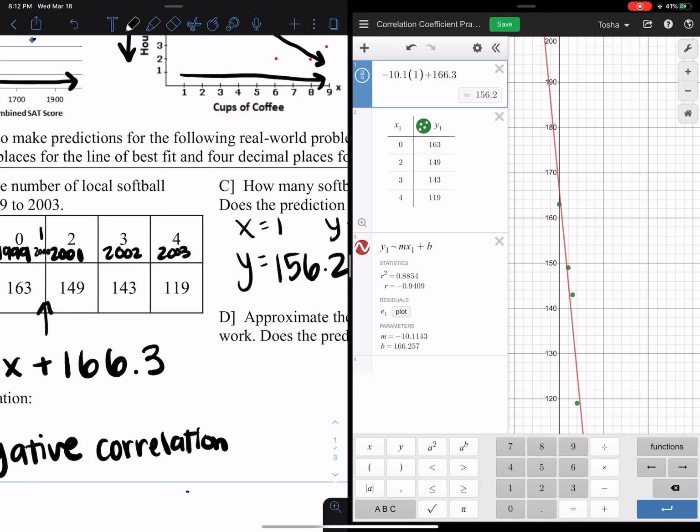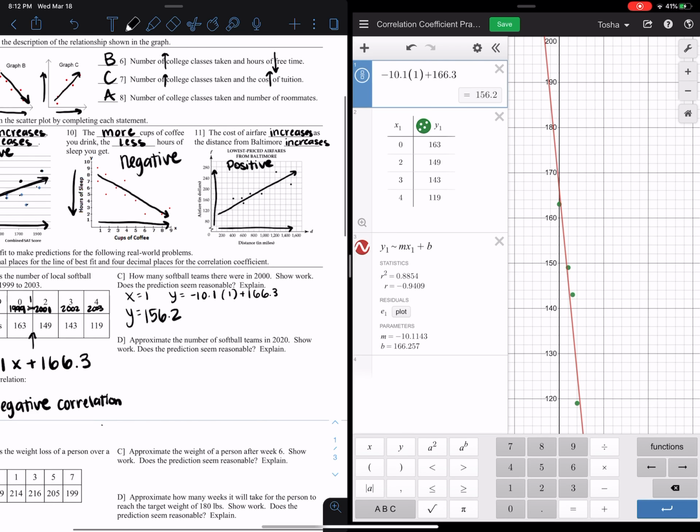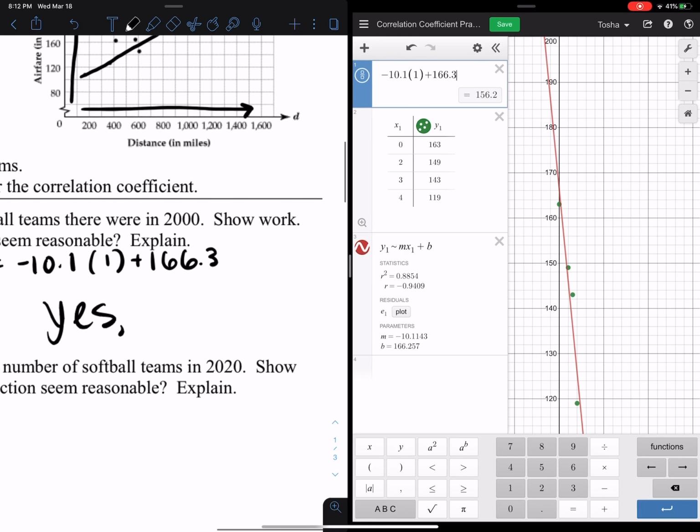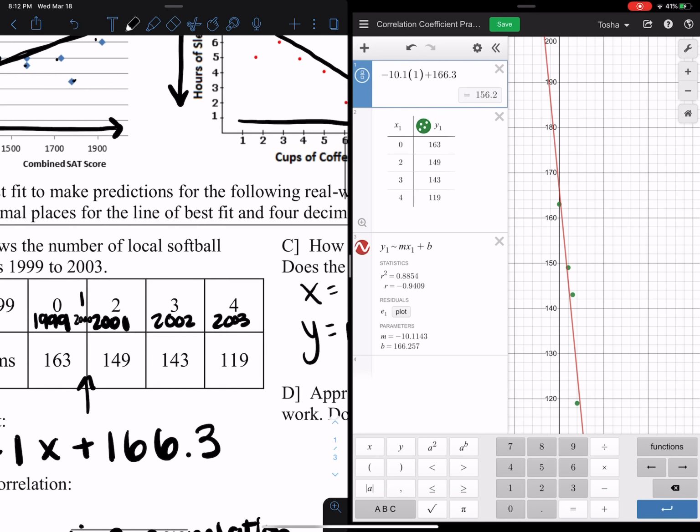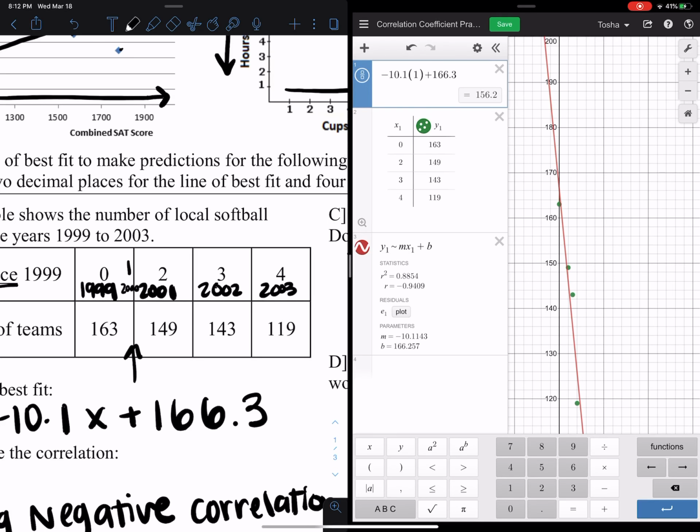I would say yes, that this prediction makes sense, and the reason is because it follows the trend. It seems like in 1999, they had a lot of softball teams, and then it started decreasing as the years went by.